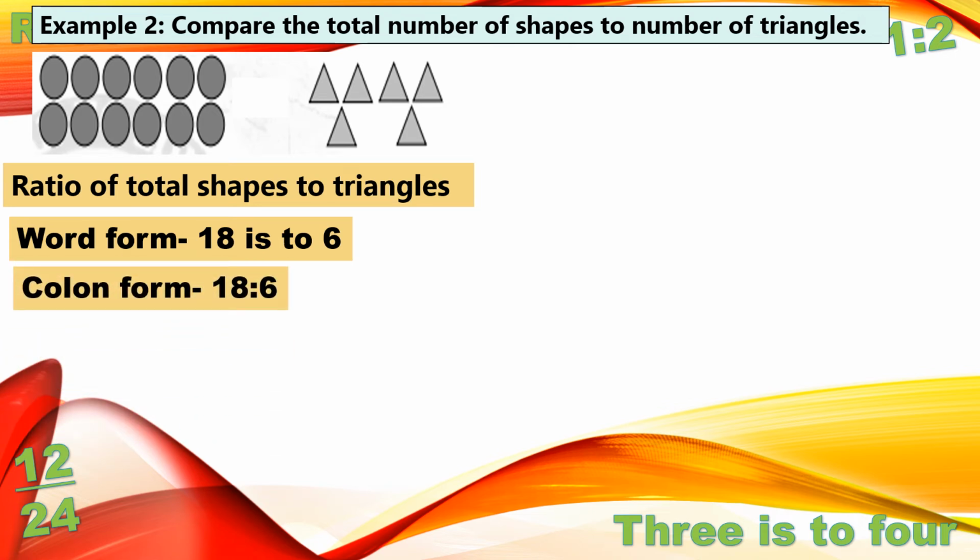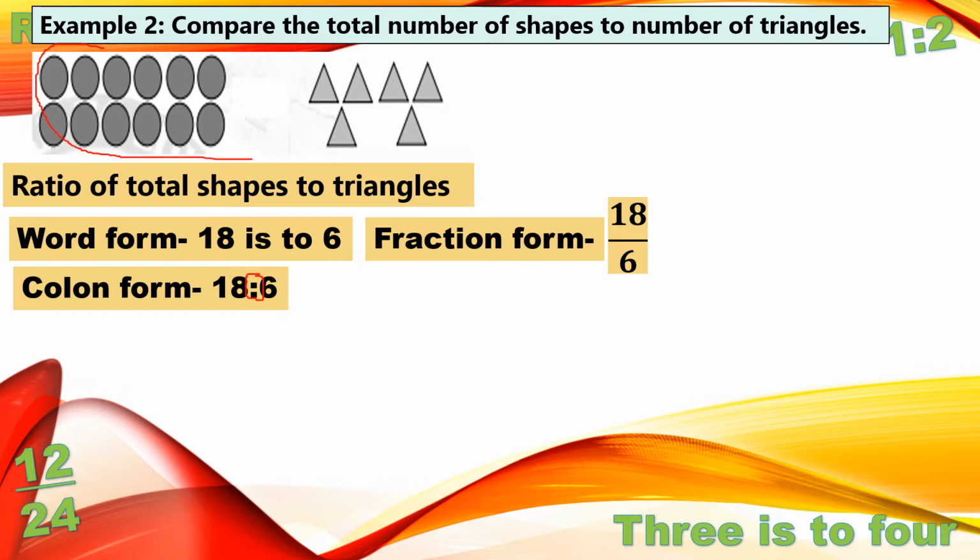Column form, so huwag kakalimutan yung column form, this one, or column symbol. And then, fraction form, 18/6. So, yung number of shapes to number of triangles is 18:6. So, pag pinagsama-sama natin ito lahat, so ito ay 18, the shapes, and the triangles are 6.